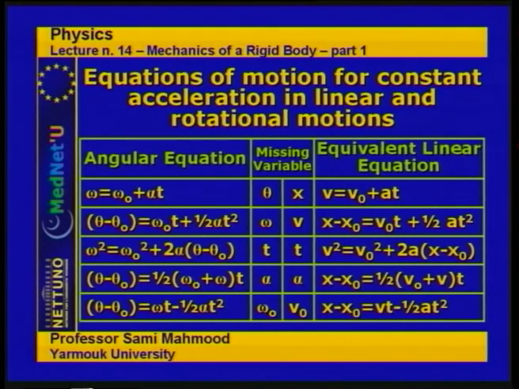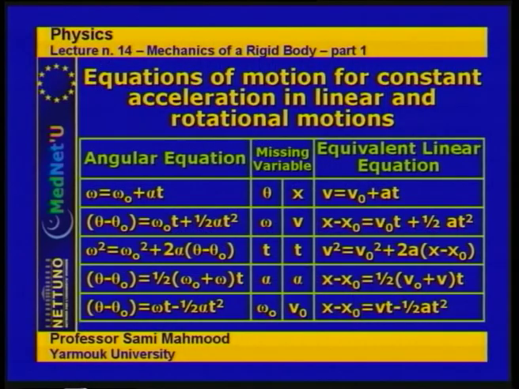omega over delta t. So defining t1, the initial time, to be 0, this will lead to omega, which is the final angular velocity of rotation, minus omega naught, which is the initial angular velocity of rotation, divided by delta t, which is simply t. That is, the average acceleration is equal to the instantaneous acceleration. This is the case when we have a constant acceleration. The average is equal to the instantaneous value.